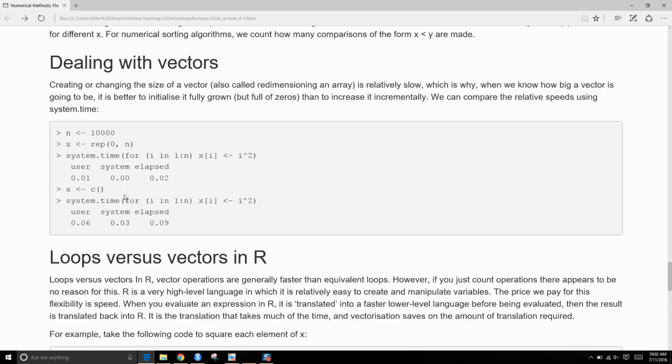With 10,000 numbers, it's not that big of a deal. And it probably takes longer to type this out than the difference gained here. But if you're dealing with things on the magnitude of a billion or hundreds of millions, sometimes it makes sense to spend the extra time to fully initialize all of your vectors.